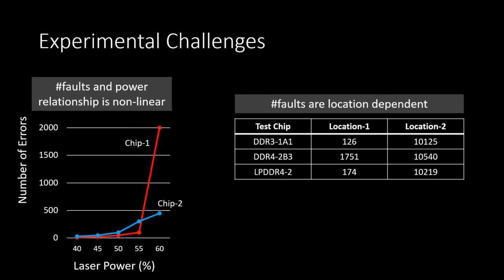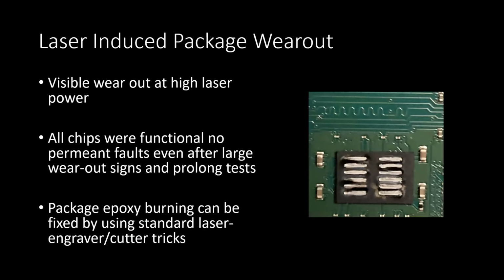So when we are designing experiments, it's also important to figure out the right locations to use the laser on. And lastly, the other challenge with these experiments is there is a visible package wear out, right?